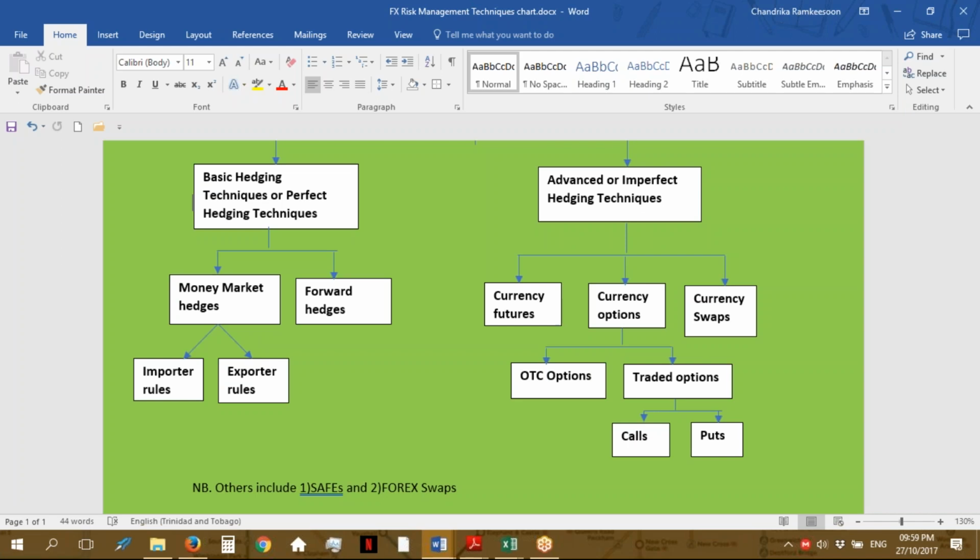But at some point, unlike the situation where somebody is only speculating, which is where they don't need to handle the item itself, they just need to trade in paper, the futures, we at some point will need to have the currency. We cannot pay for our goods with futures.